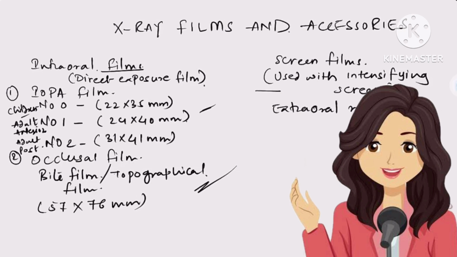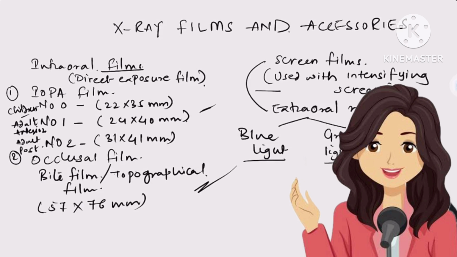Then we open the cassette, put screen films inside that cassette, and take the extraoral radiograph. Now screen films are of two types: blue light sensitive and green light sensitive. Once we discuss intensifying screens, you will get to know what this means.